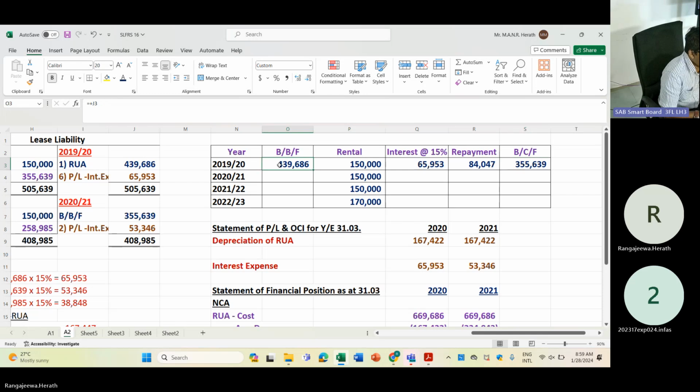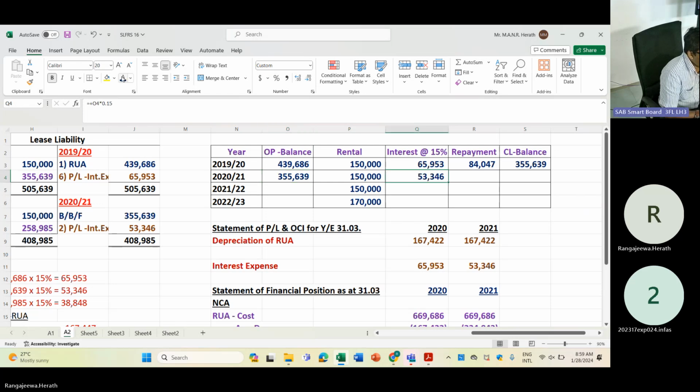From the opening balance, with the brought forward, the closing balance is found. Now the first year closing balance becomes second year opening balance.